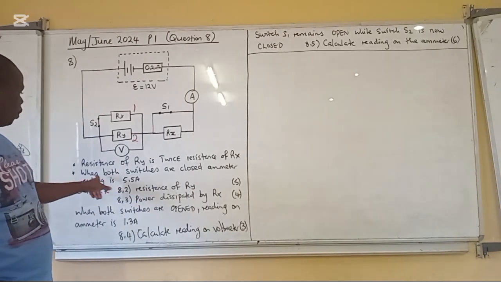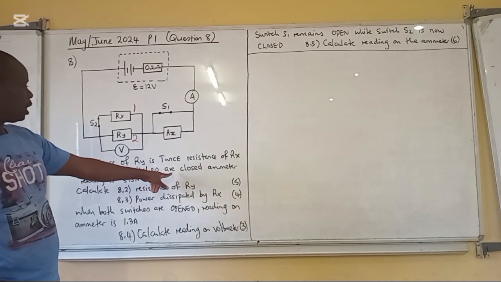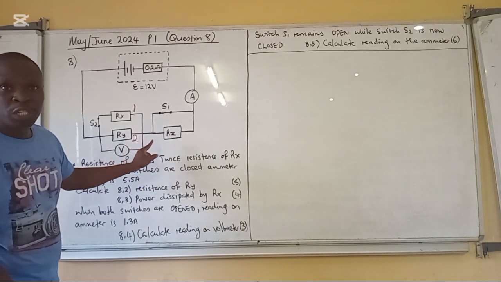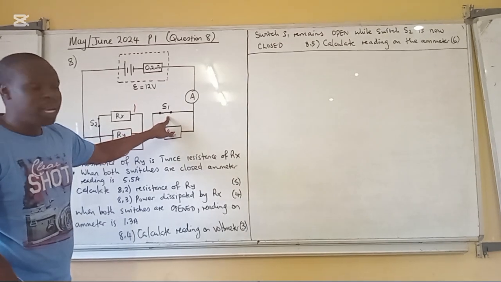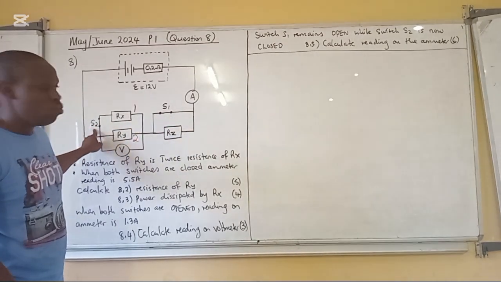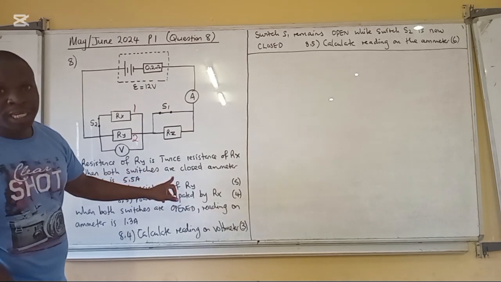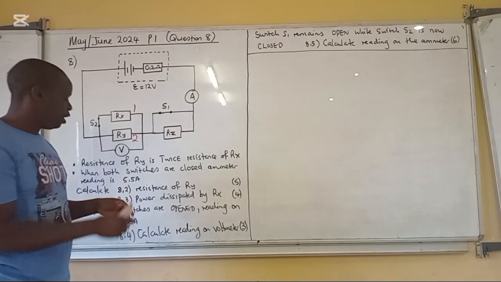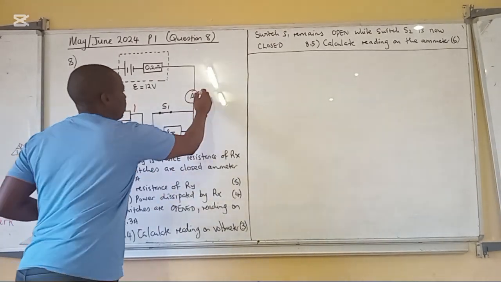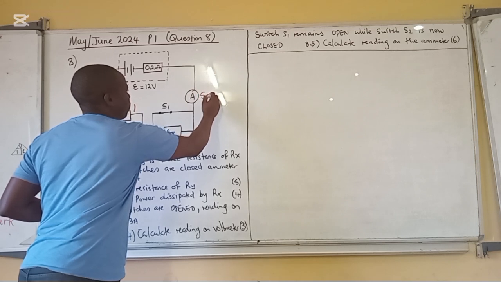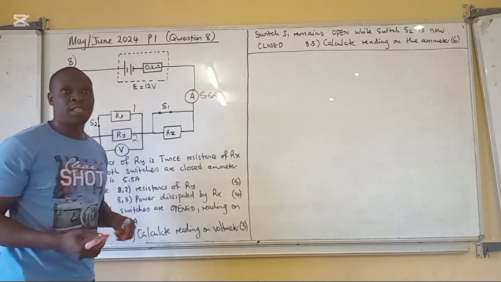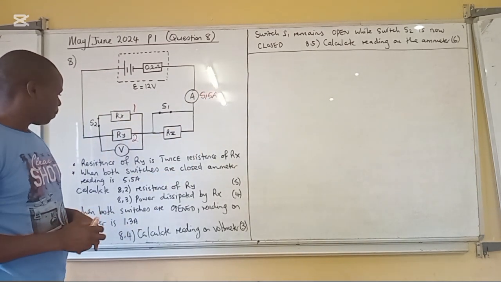We are also told that when both switches are closed, so we have two switches here, switch S1 and switch S2, the reading on the ammeter is 5.5 amperes. So it's 5.5 amperes here. That is the reading.